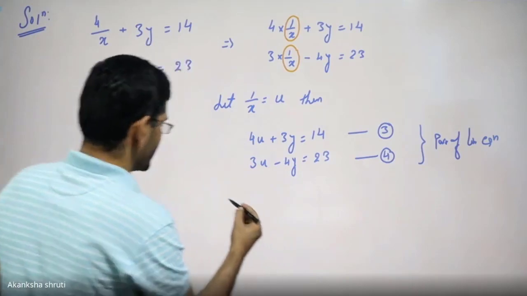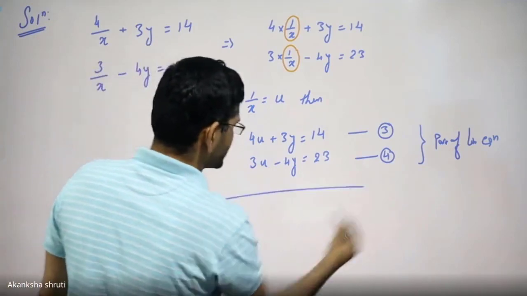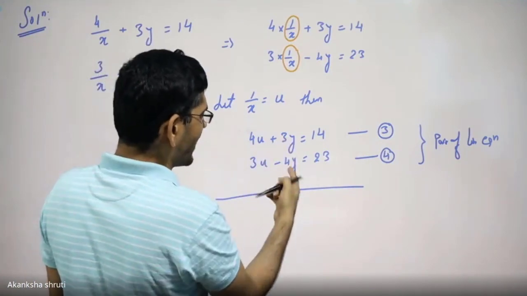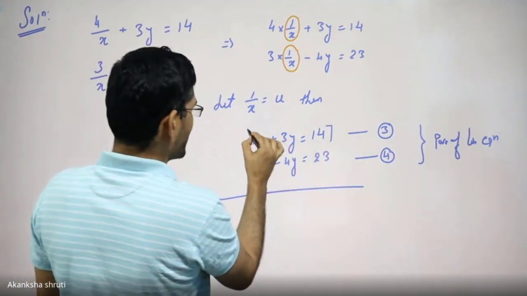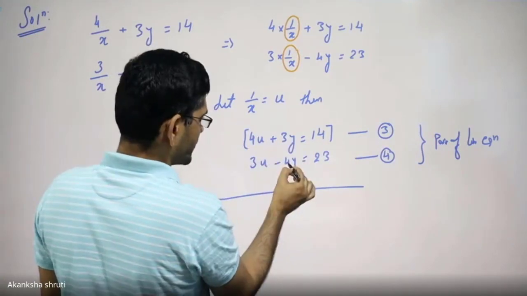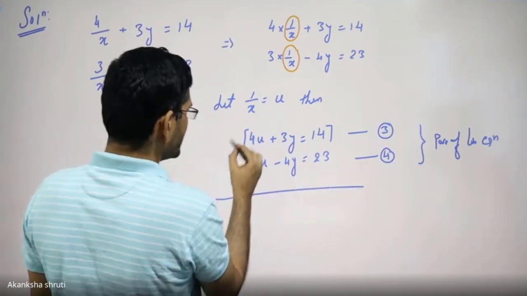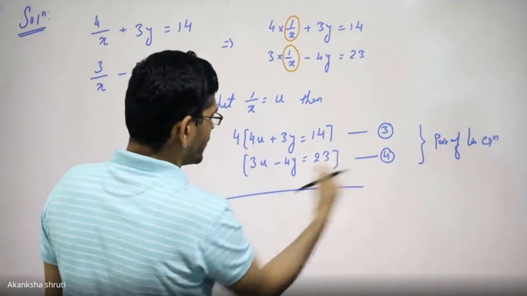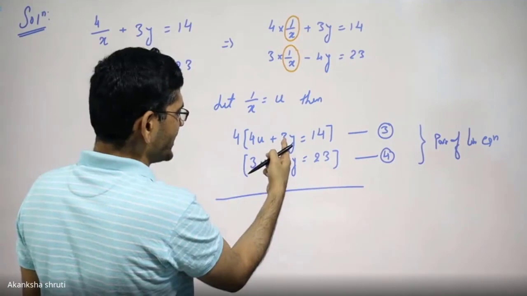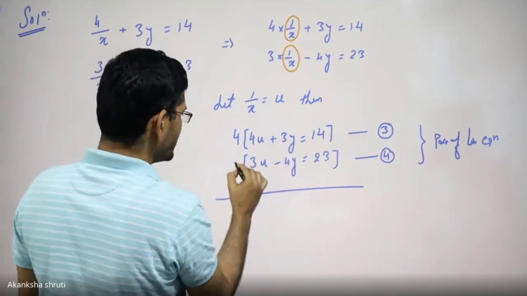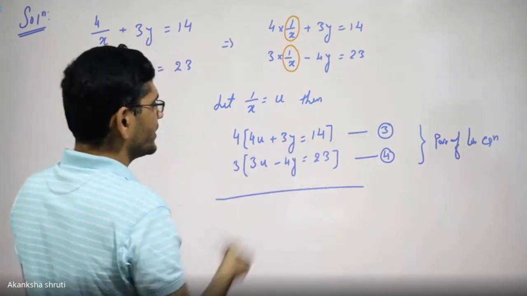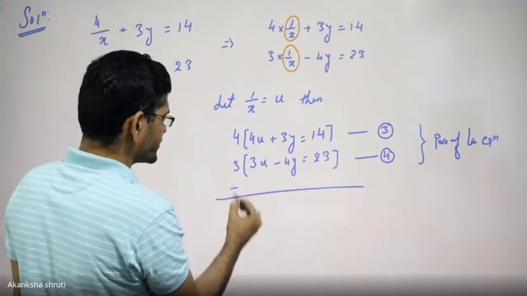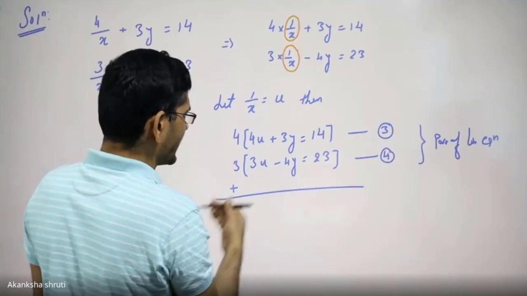Let us apply elimination by equating coefficients. Let us cancel this y. For cancelling y, we need to multiply equation 3 by the coefficient of y in equation 4, which is 4, and equation 4 by the coefficient of y in equation 3, which is 3. Then the signs are opposite, therefore we need to add, meaning no need to change any sign.